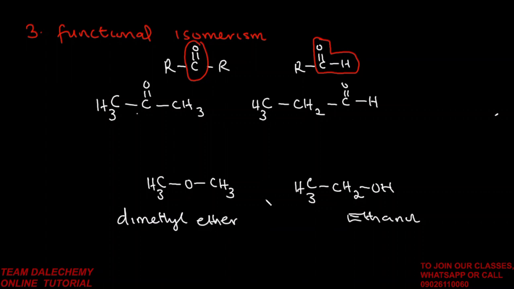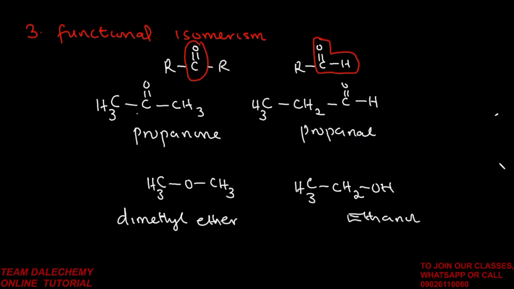The two of them have the same molecular formula but different structural formulas, specifically different functional groups. So they are called functional isomers as well. This is an ether and this is an alcohol. And the same thing, we have propanone and here we have propanal. So they also have different functional groups, so they are called functional isomers.